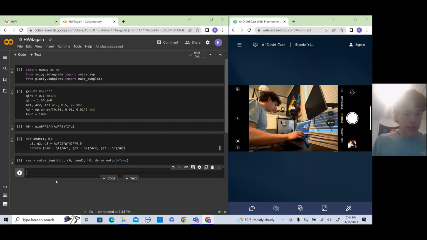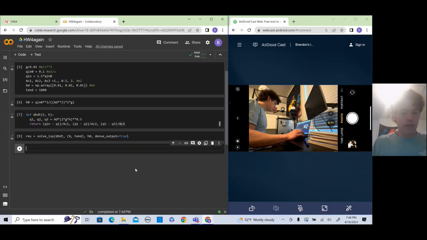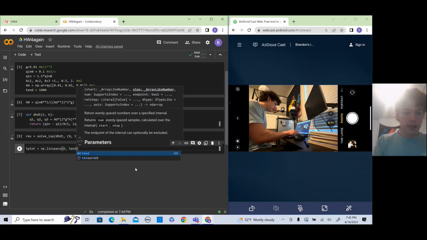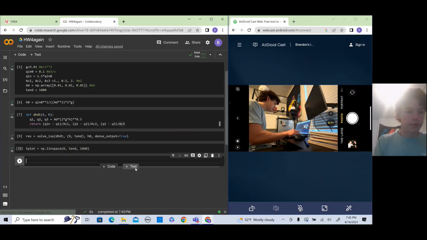So then, because we did our dense output equal true, we'll have to do our t_plot. So we'll get equally spaced points with np.linspace from 0 to t_end, and we'll do 1,000 points.